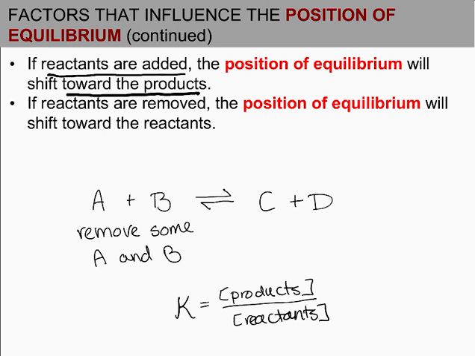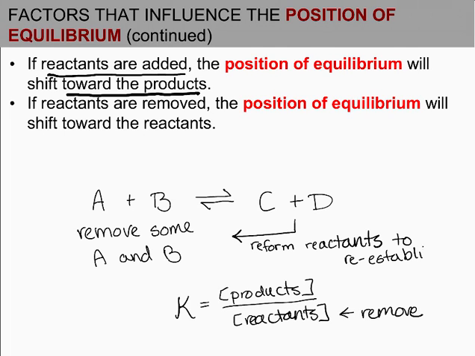So let's say we remove some of the reactants. That's going to change our ratio of products to reactants. So in order to get back to our equilibrium ratio, some of the products are going to try to reform the reactants so that they can reestablish equilibrium.